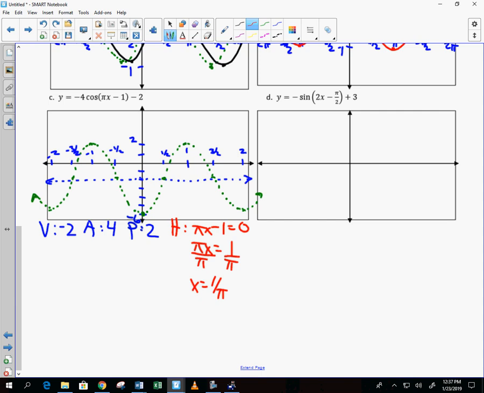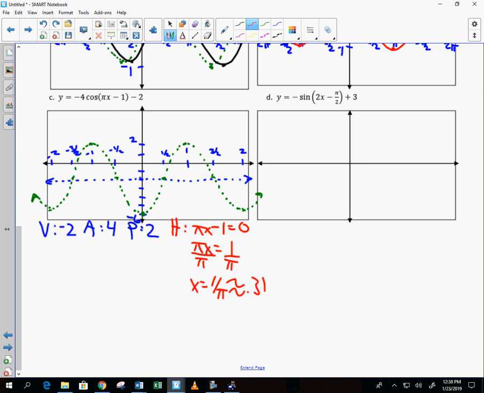Goodness gracious. 1 over pi is approximately 0.31. So how much of a tick mark is 0.31? Well, 1/2 is 1 tick mark.